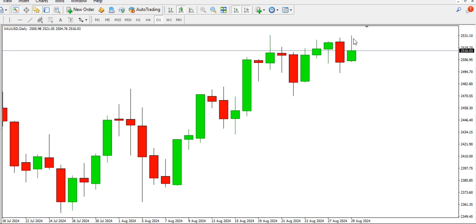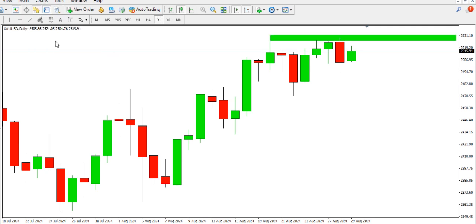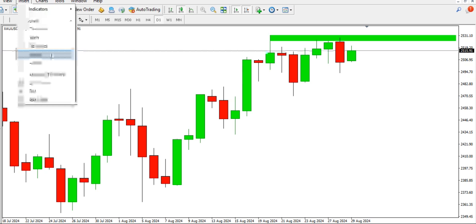So that's that. But overall, the price of gold is currently ranging on the daily time frame, with this part being the range top and this particular part being our range bottom.